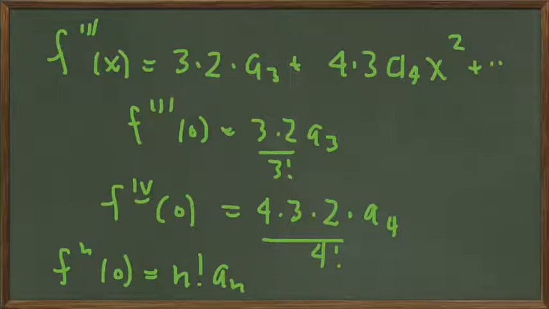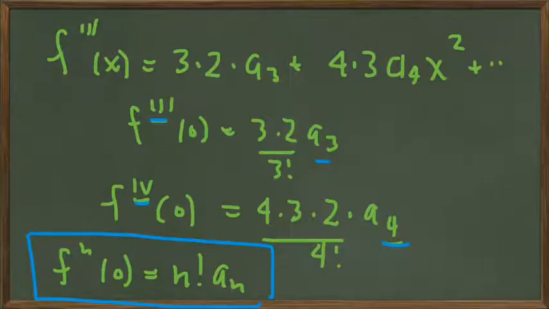Fourth derivative subscript 4, third derivative subscript 3, etc. So here is our formula for the nth derivative, that we want to solve for a sub n, and when we do that we get what?